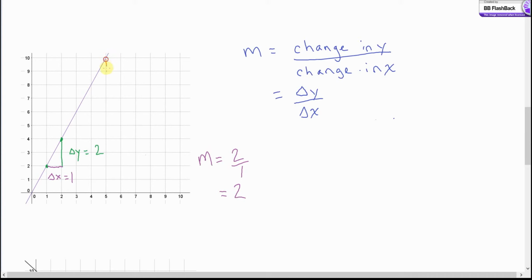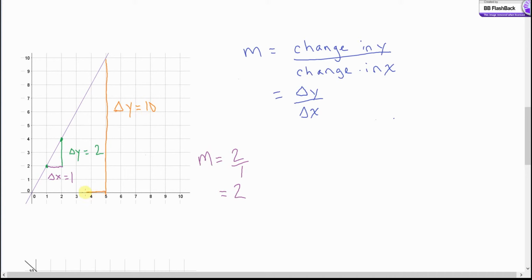So let's do this together. Let's do a big, huge change in y. So this increase is from 0 all the way up to 10. It's increasing by 10.